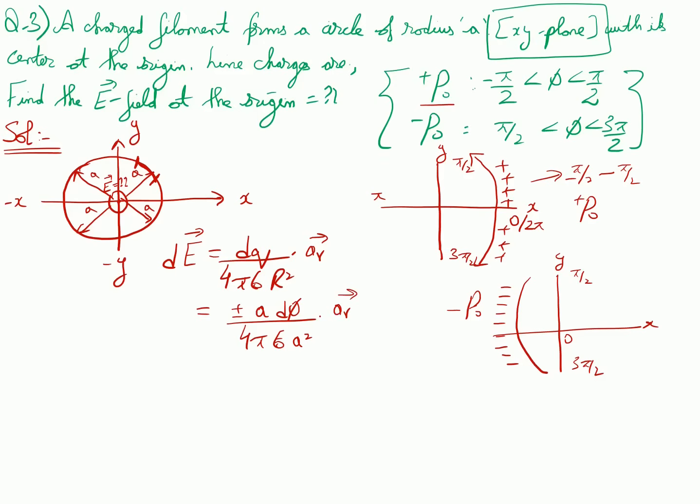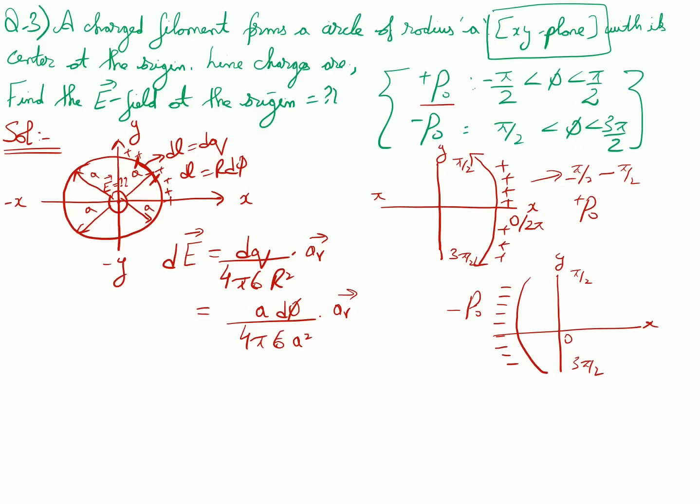And what is the value that I'm getting for this line charge? The line charge is basically the value of this small charge on this line. So if these are the distribution of charges, this means that my length is basically r d phi.